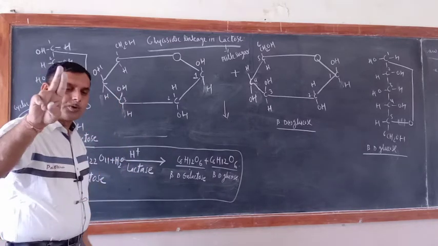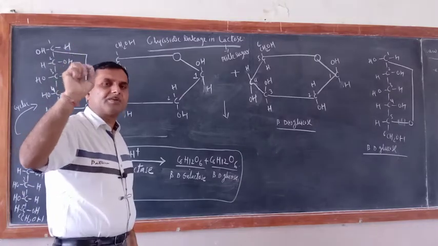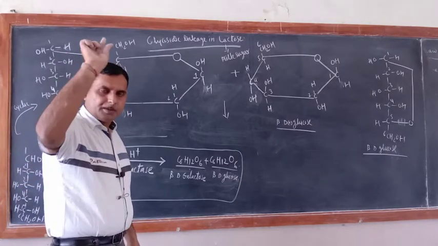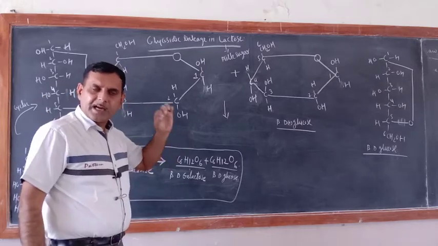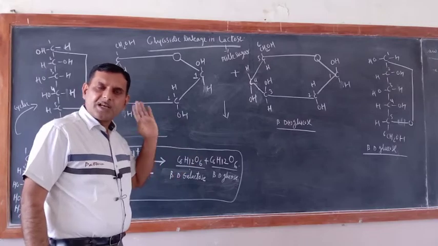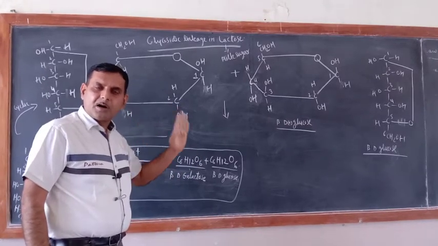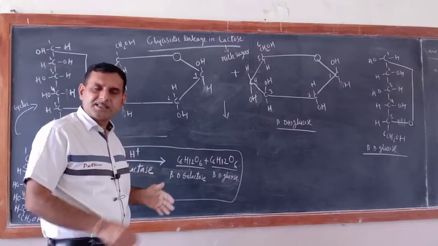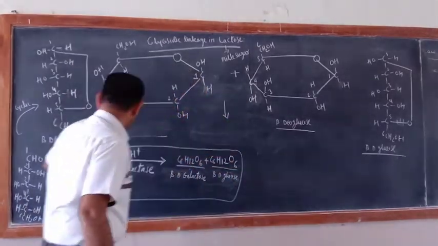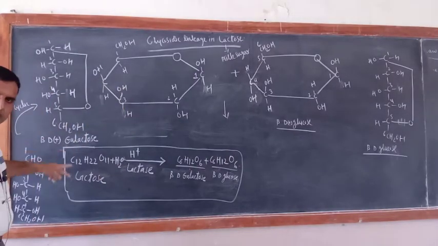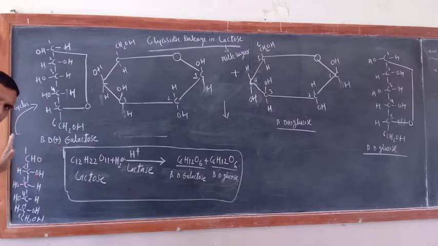Okay, there is basically one difference between glucose and galactose. If you see the open chain structure of glucose, at carbon number 3 the OH is on the left hand side and H is on the right hand side. At all the rest of the places the OH is on the right hand side. But in galactose, in addition to the third, the fourth carbon's OH is also on the left hand side.